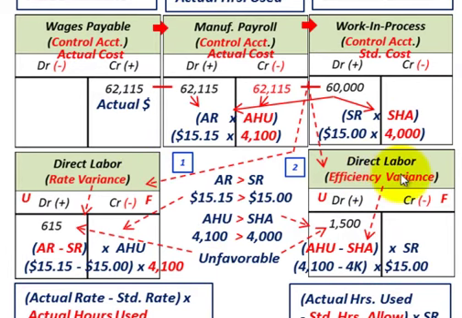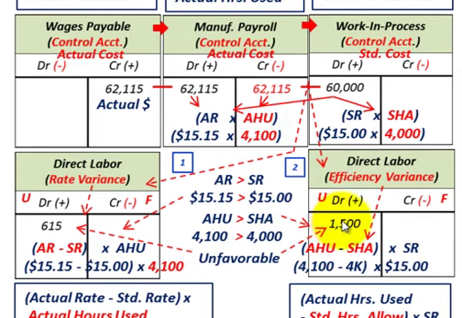So if we go back to our case where we had that based on our standard rate and standard hours allowed for the particular project or department, you can see that $60,000 versus $62,115. The difference, again, the debits and credits were split between your direct labor rate variance, which included $615 in direct labor rate variances, plus the direct labor efficiency variance of $1,500.